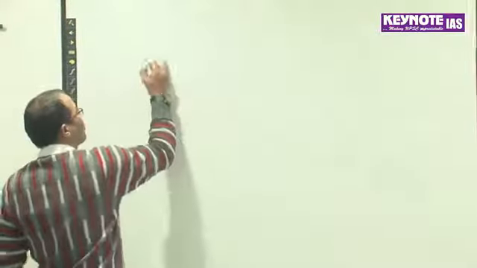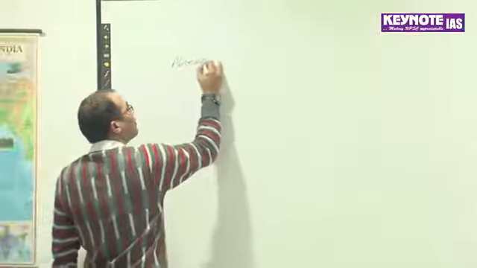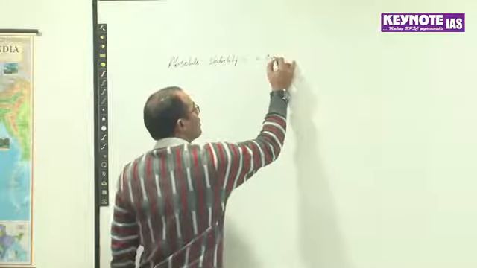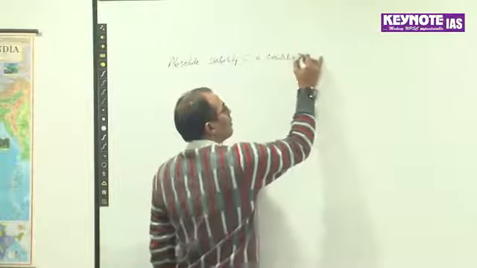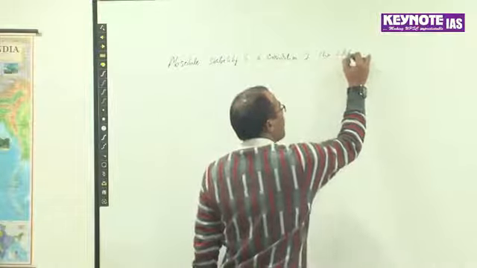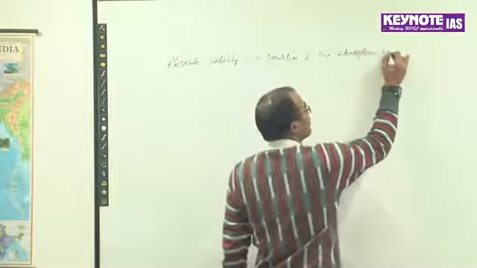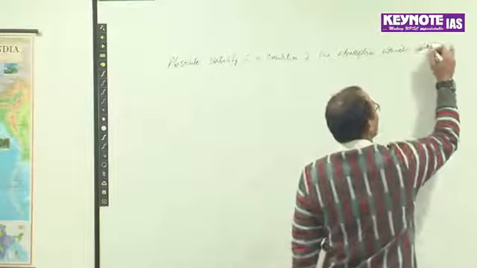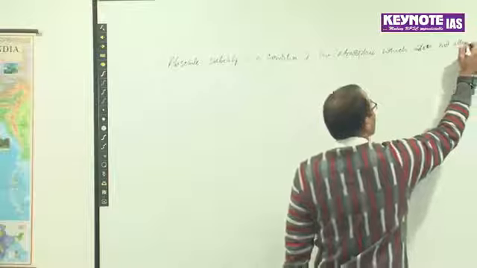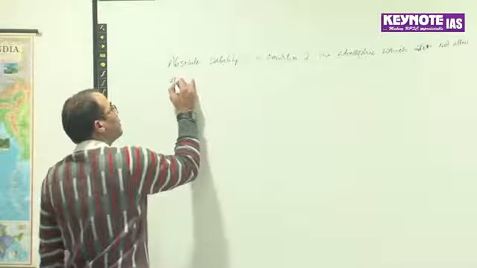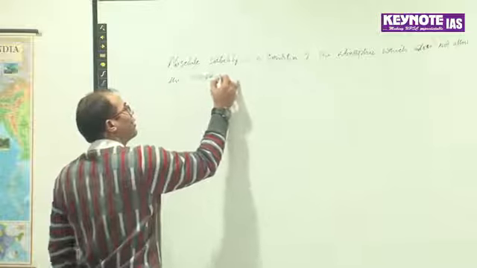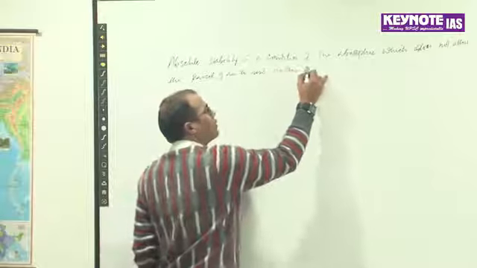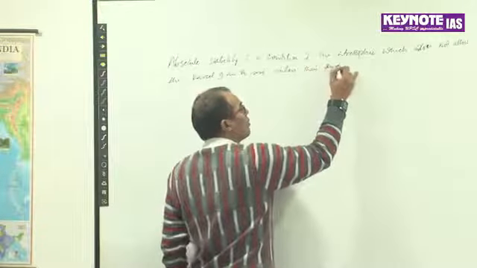So absolute stability is a condition of the atmosphere which does not allow the parcel of air to rise unless they are forced.